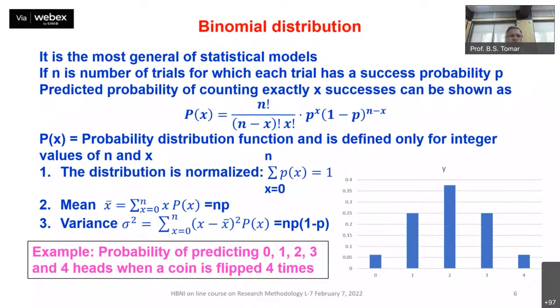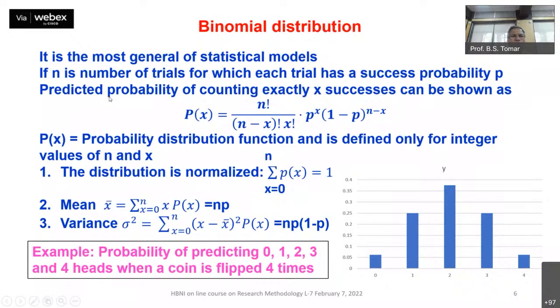The binomial distribution is the most general form of statistical models. Different models we will discuss in this lecture. If n is the number of trials, and for each trial we have a success probability p, like I said, coin, how many times head will come, p probability for that.